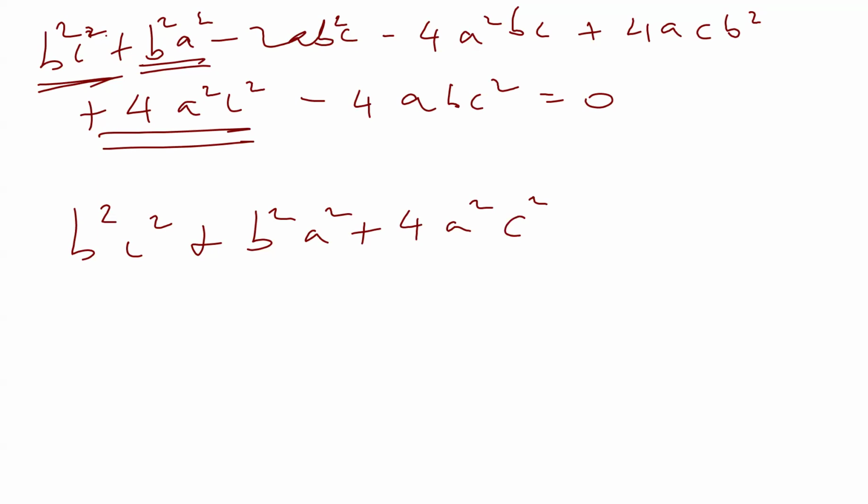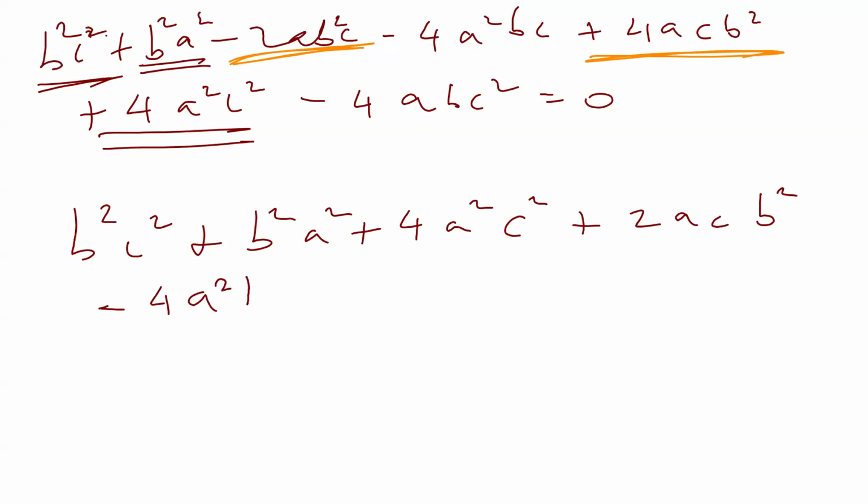Okay, now look at these two terms, this term and this term. So it is going to be 2 ac b square minus 4 a square bc minus 4 abc square equal to 0.